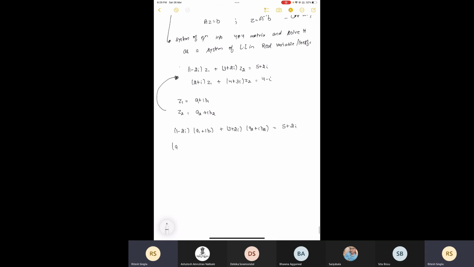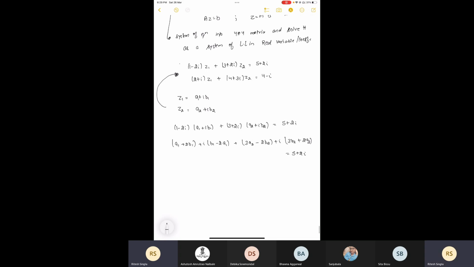Let us solve this. Then we will get (a1 plus 2 b1) plus i (b1 minus 2 a1) plus (3 a2 minus 2 b2) plus i (3 b2 plus 2 a2) is equal to 5 plus 2i.